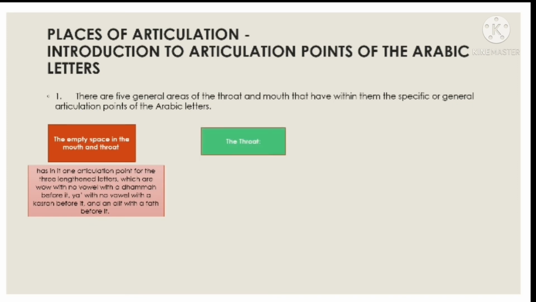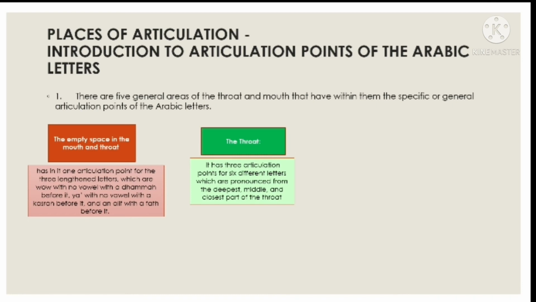The next area, the general area from which the letters come from, is the throat. In this we have basically 3 articulation points, and from each of those articulation points 2 letters come, and in total that gives us 6 different letters that come from the throat, which are pronounced from the deepest, middle, and closest part of the throat, the part that is closest to the mouth.